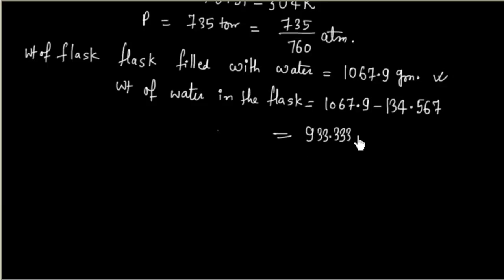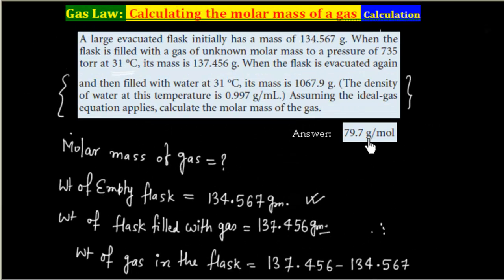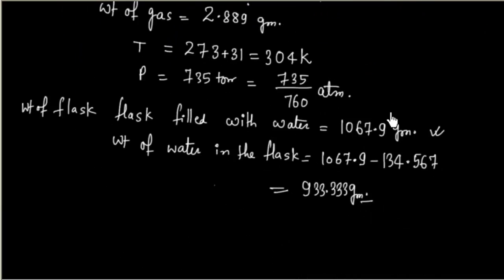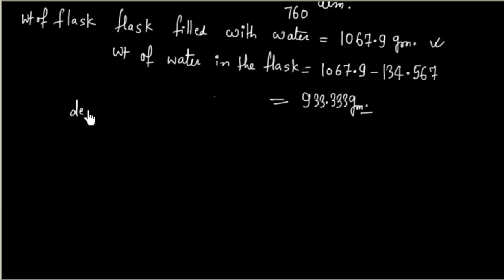This is the weight of water, and we have also been given the density of water, that is 0.997 gram per ml.